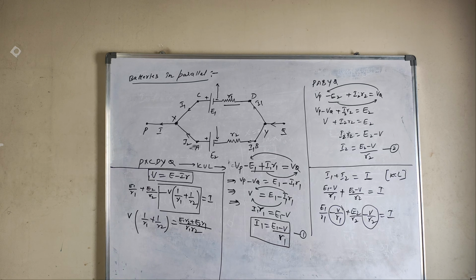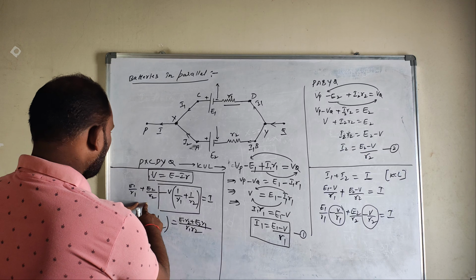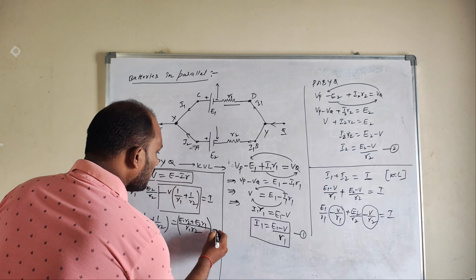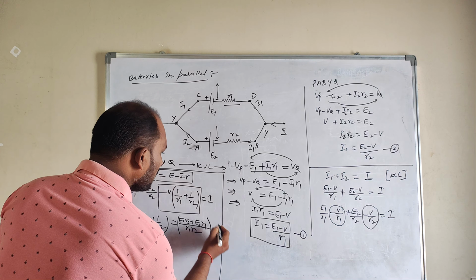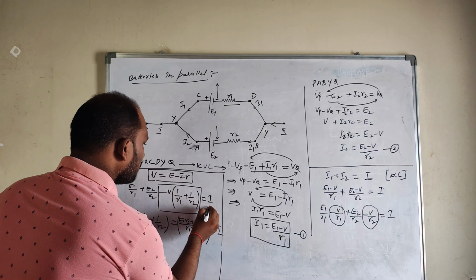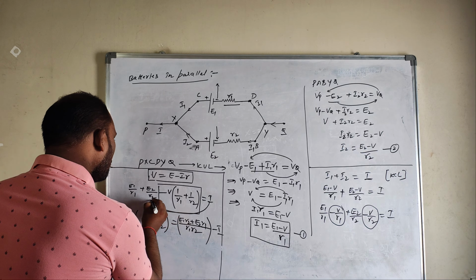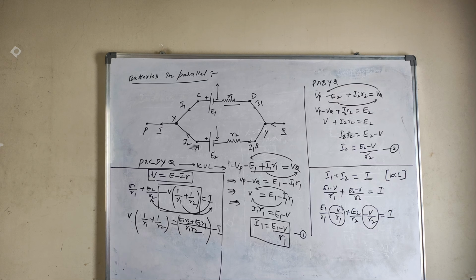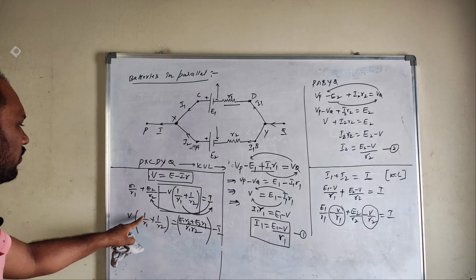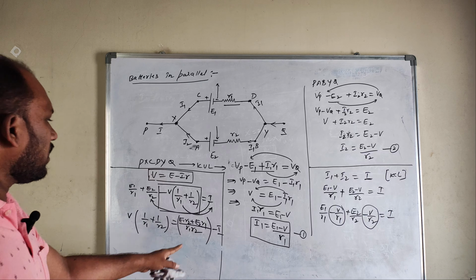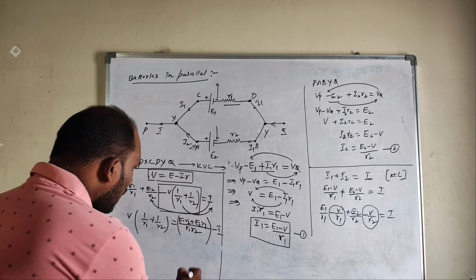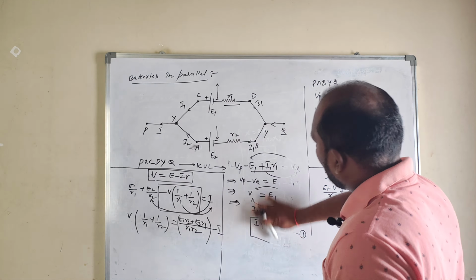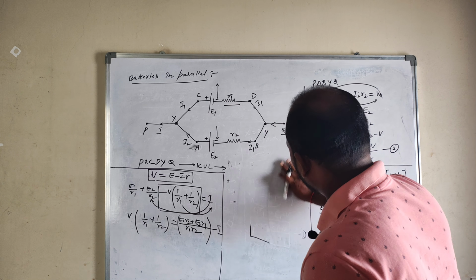V1 R2 plus V2 R1. And this I comes to this side. Minus I we have to get, this is plus I, come to this side. I hope you understood. So now V into (1 by R1 plus 1 by R2) is equal to (V1 R2 plus V2 R1) by R1 R2, minus I.